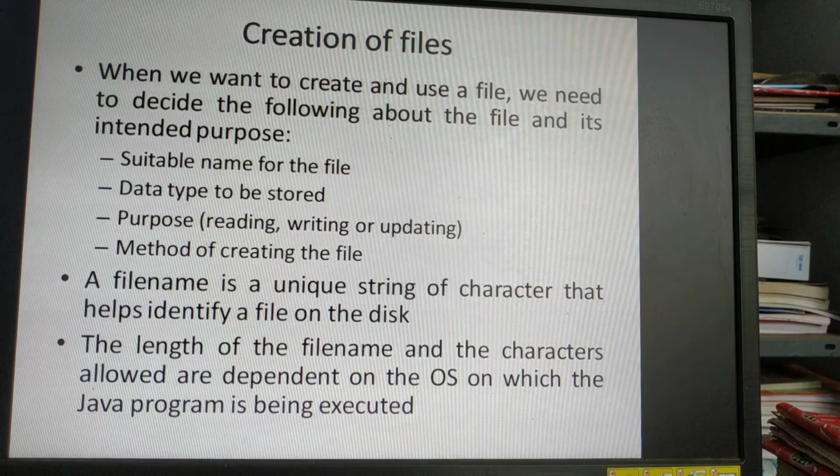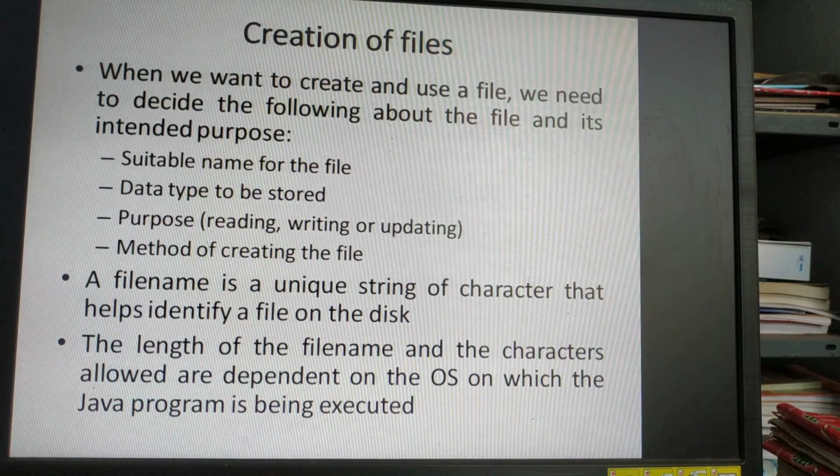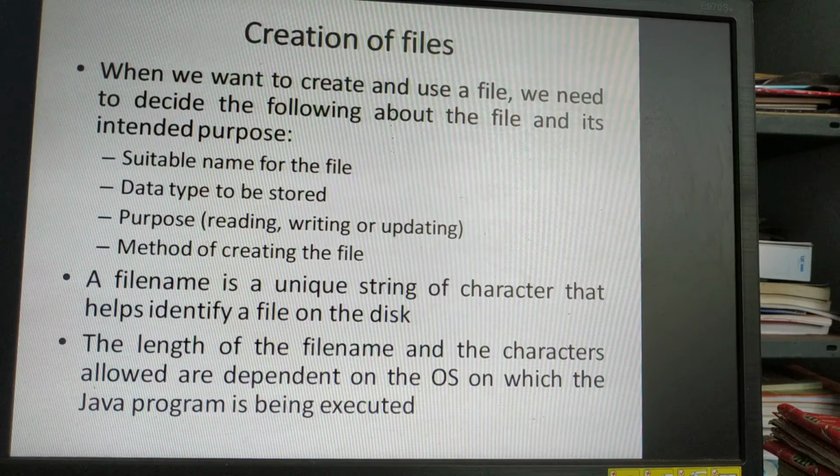A file name is a unique string of characters that helps identify a file on the disk. The length of the file name and the characters allowed are dependent on the operating system on which the Java program is being executed.